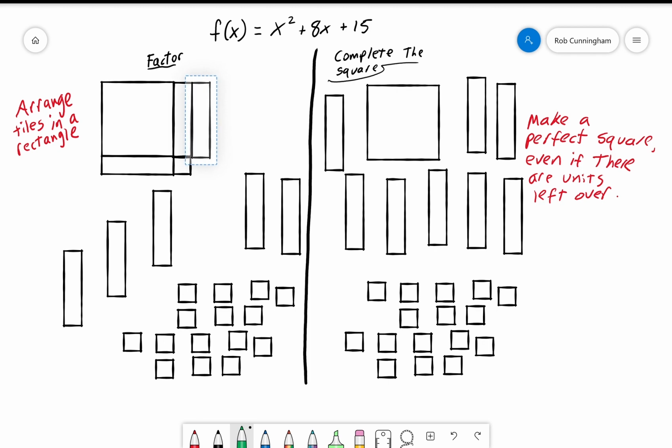How are we going to arrange these x's so that there are 15 spots? Well, I know that I'm going to end up making a little rectangle down here of units, right, of little ones.